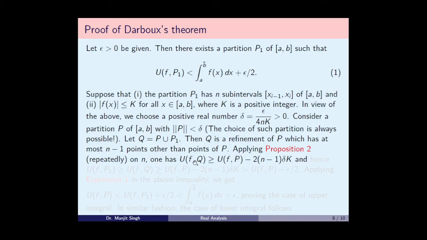So this result now we have, and on the basis of this result we start from here with UFP1, and we know that Q is a refinement of P1. We also know that corresponding to a refinement, the value of the upper sum will be lesser.